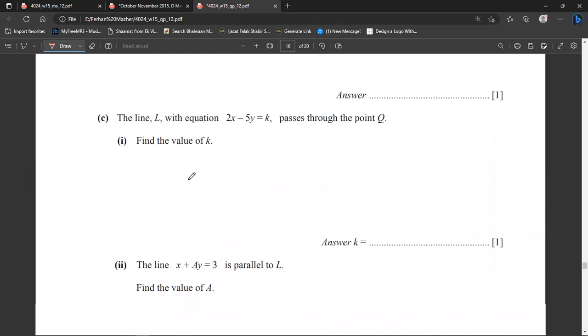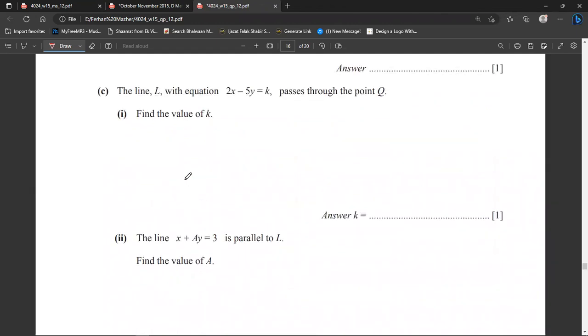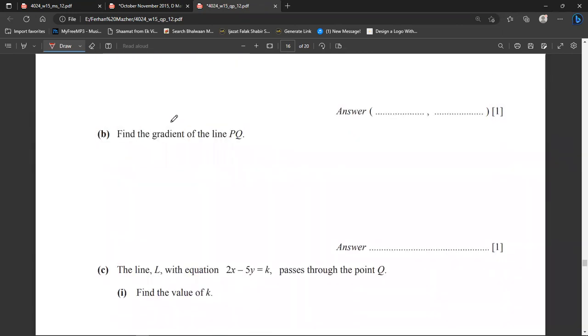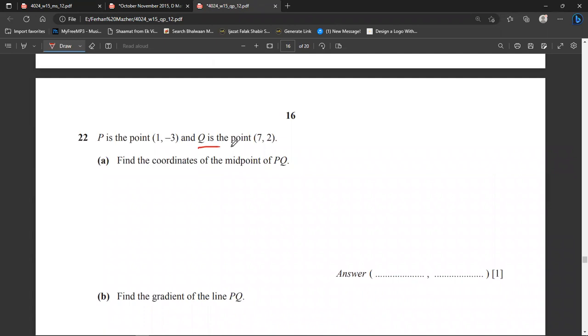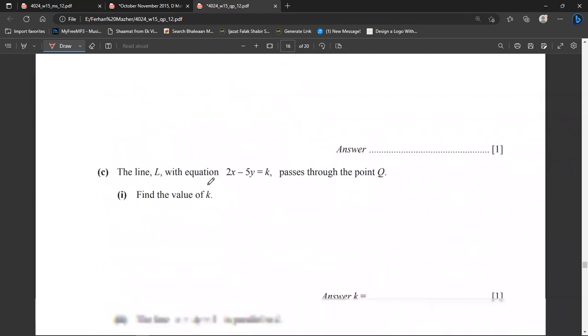Then they say the line L with the equation 2x minus 5y equals k passes through the point Q. Find the value of k. Because this line is passing through the point Q, whose coordinates are 7, 2, in the place of x, I will put 7, and in the place of y, I will put 2 in that equation.